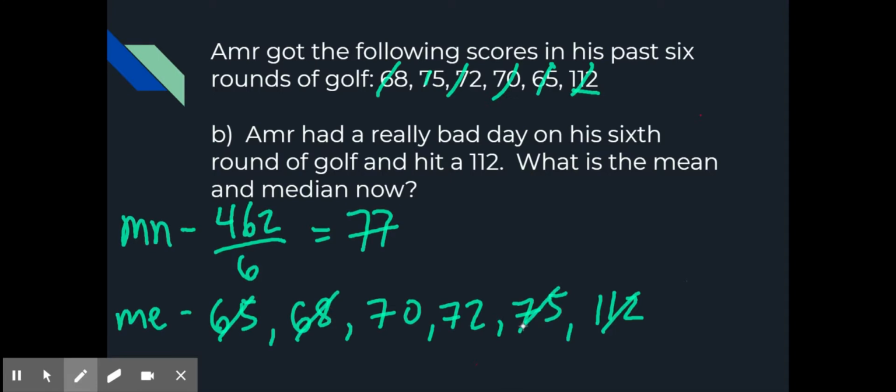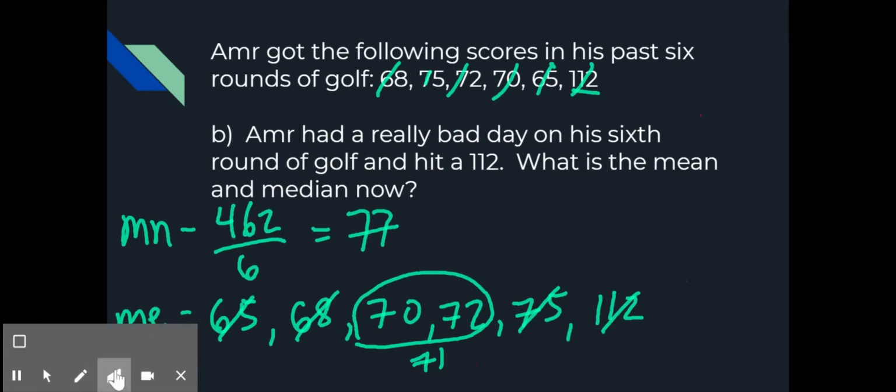Do that again. And now we have two numbers in the middle. And so you just find the average, the mean, between these two. You add 70 and 72 together and divide it by 2. And when we do that, we get 71. So now our mean is 77. It changed a lot. And our median is 71. Let's erase this and see what the next question has to say.